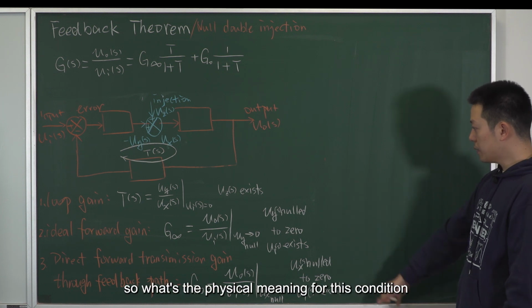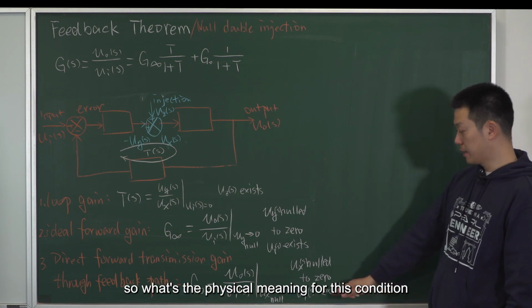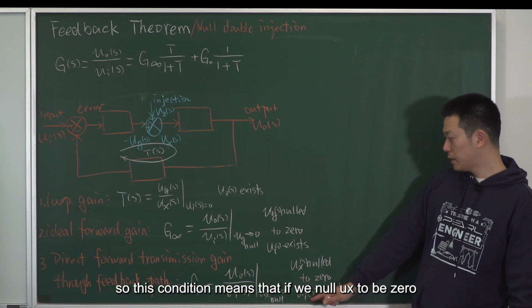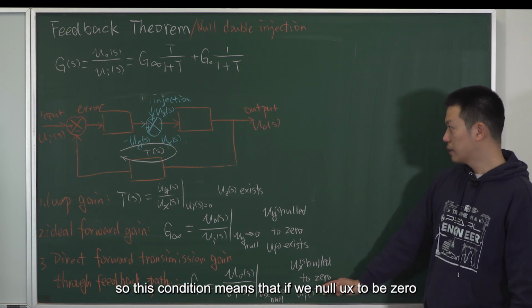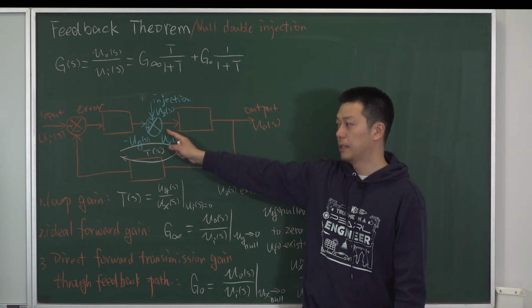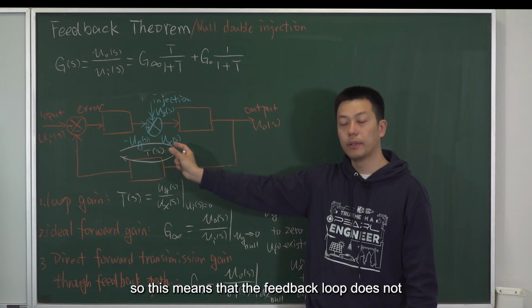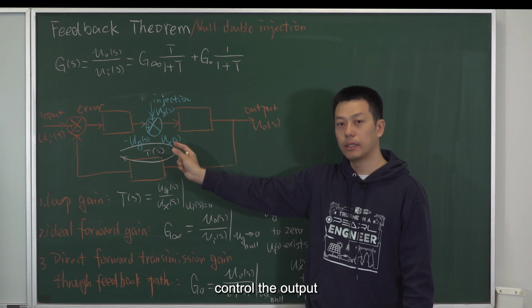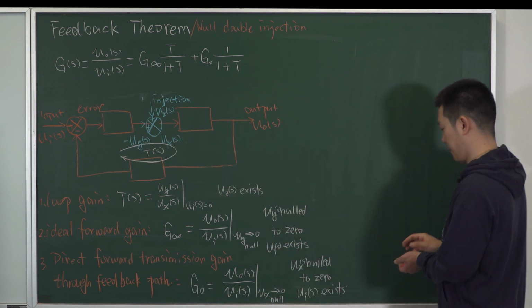So what's the physical meaning of this condition? This condition means that if we know Ux to be 0, the feedback loop does not control the output.